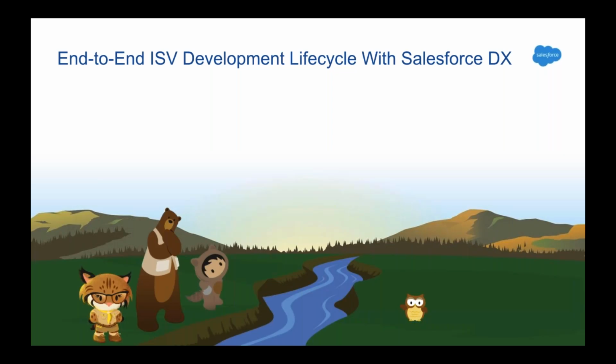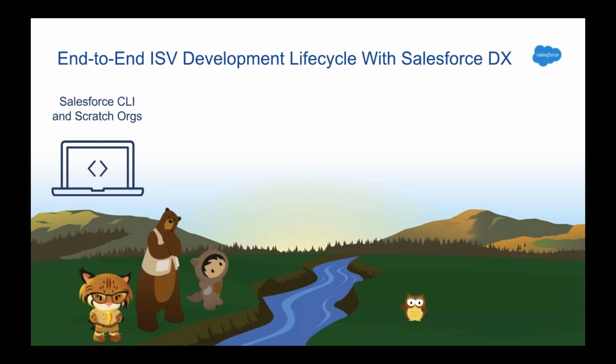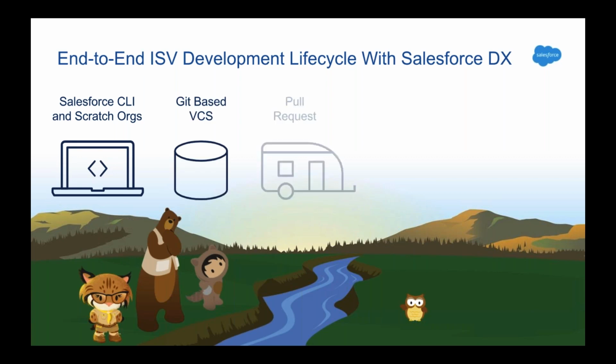So, there's lots of ways to implement Salesforce DX and this end-to-end development lifecycle. Let's take a look at what that actually means. And what we're talking about is, starting with the Salesforce CLI, starting with Scratch orgs. It's starting with your developers, working on features, and when they've got them ready to go, they commit to a version control system.